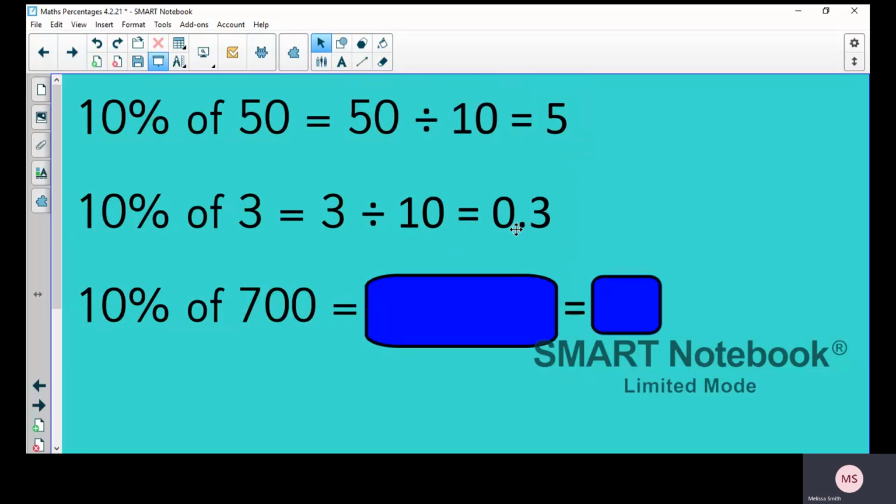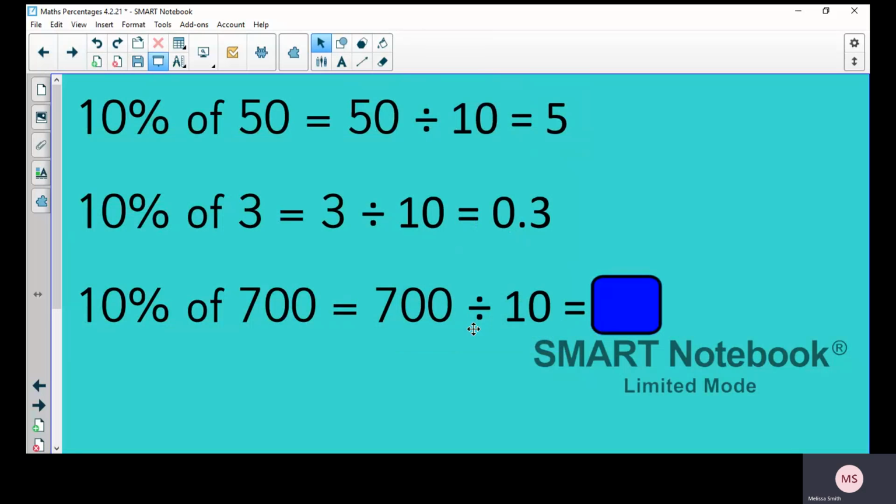What should that be? 0.3. And the final one, 10% of 700, what's my calculation? 700 divided by 10. What does that give me? 70. Well done if you got that correct. So you know that to work out 10% of a number, all you need to do is divide by 10.